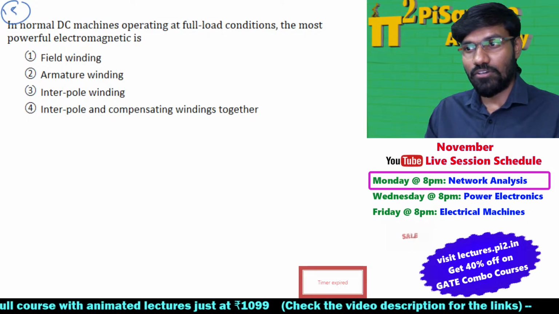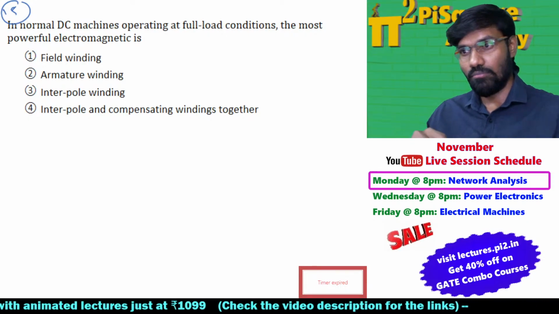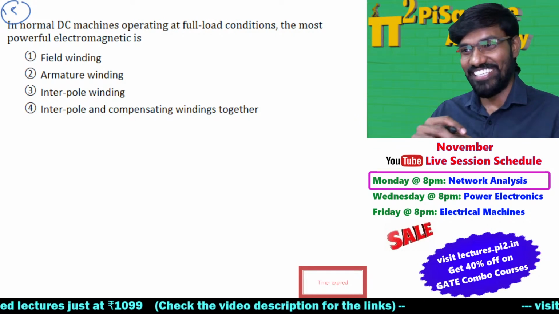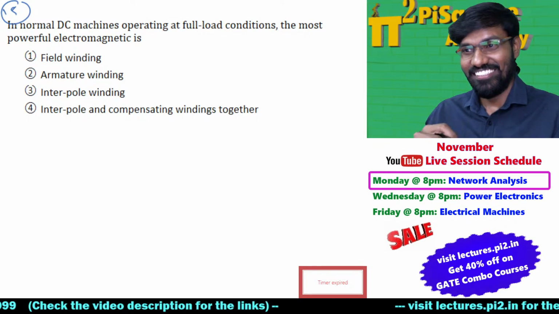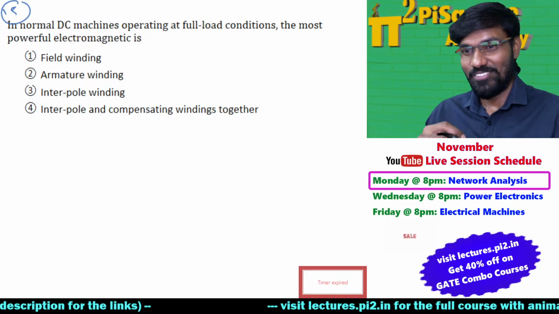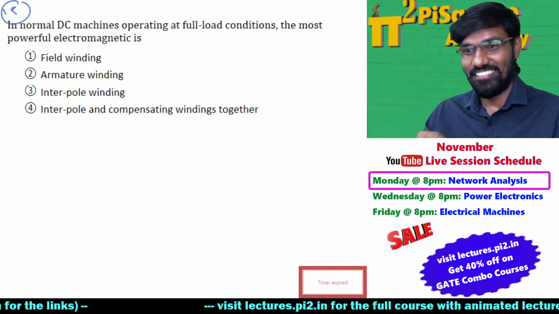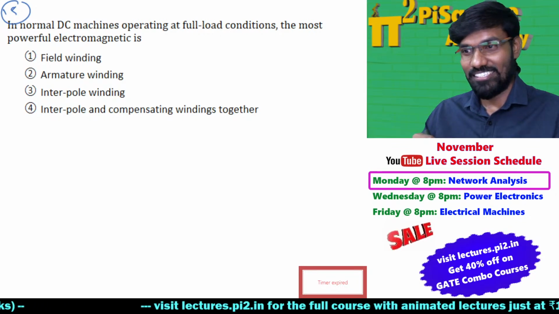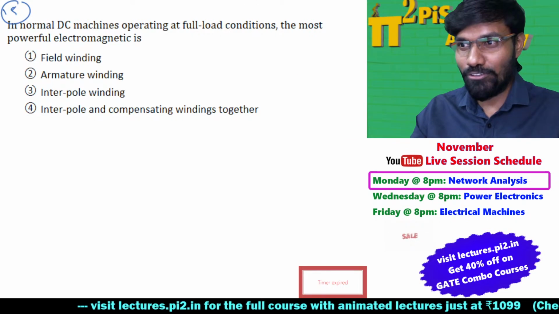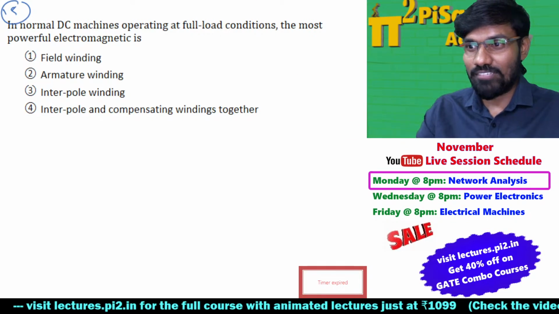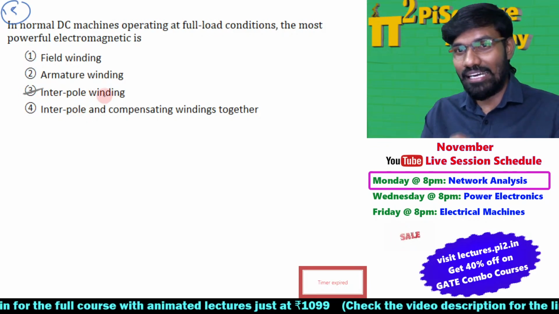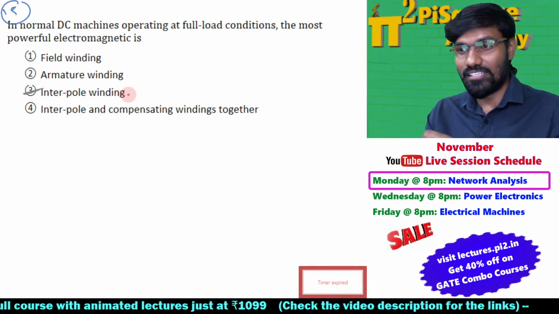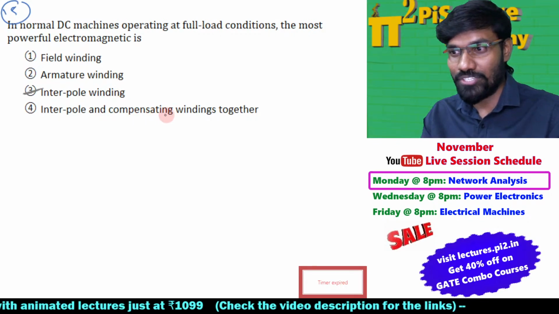Normal DC machines operating at full load conditions, the most powerful electromagnets. Only a few correct answers. Most of the students, when I ask this question, would answer immediately interpoles, because the current carried in the interpole is armature current, and the compensating winding also carries armature current.